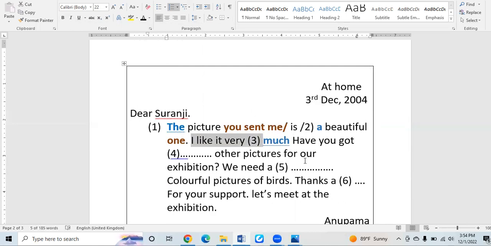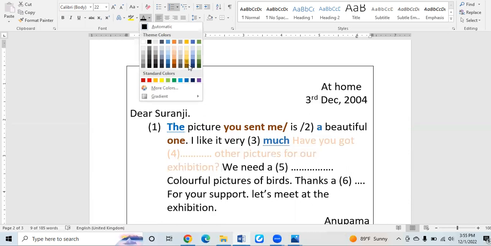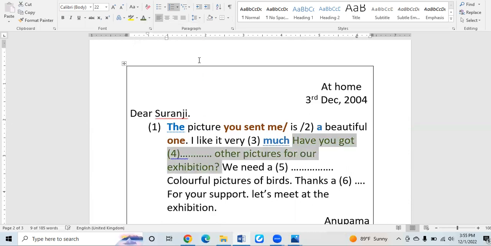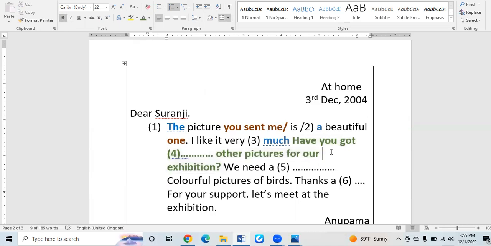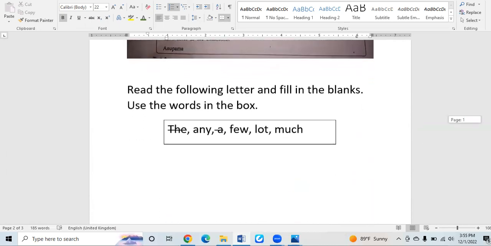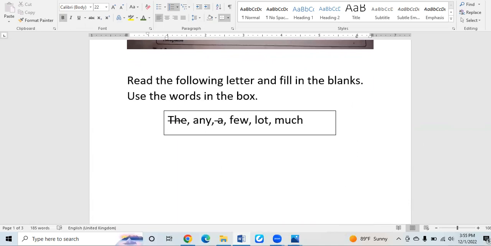Now let's move on to number 4. "Have you got other pictures for your exhibition?" Look at it from here up to there, carefully. Is this a statement? No. This is a positive question. I told you, you can use "any" with positive questions or else with negative sentences.